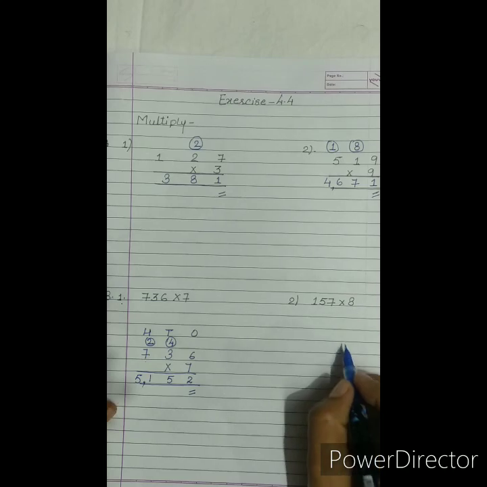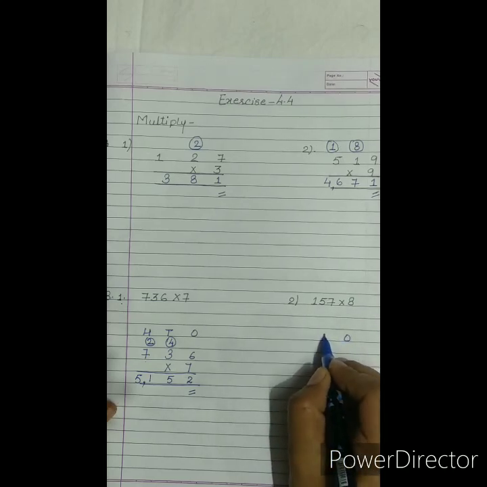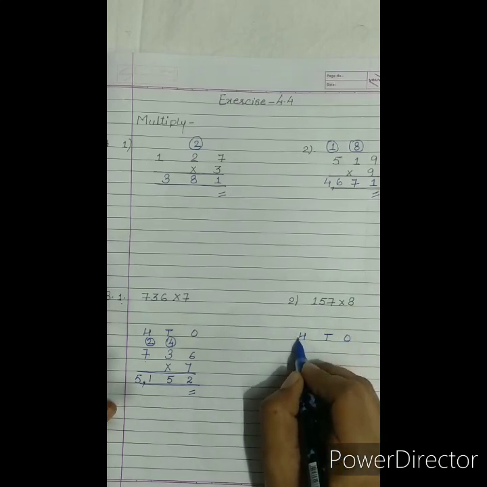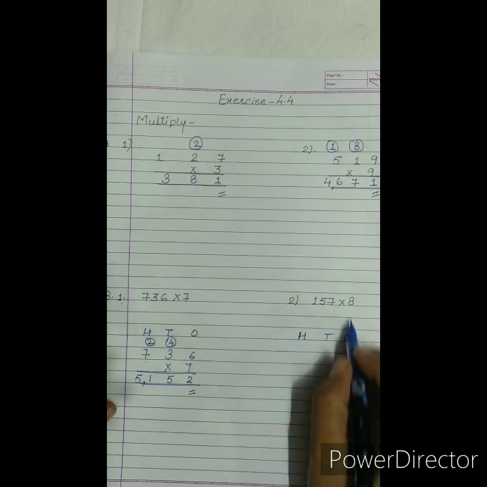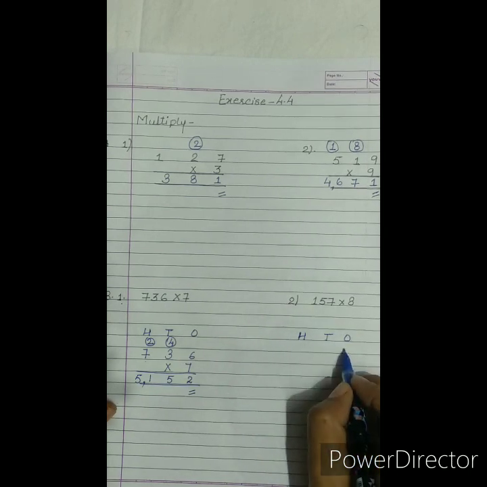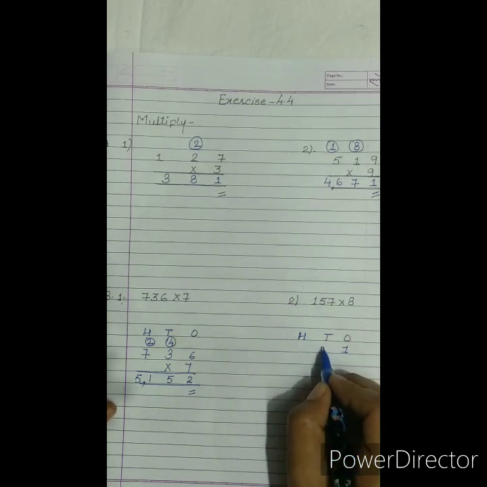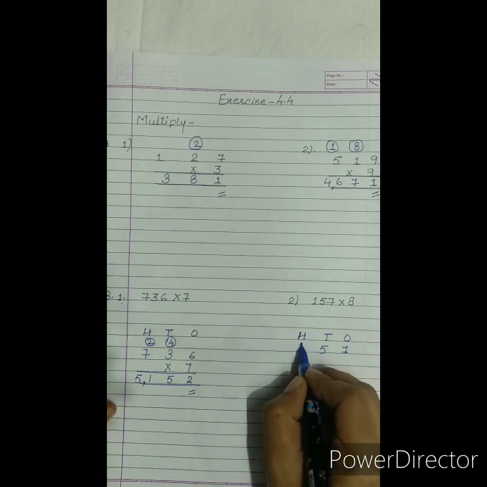Now the second question of B part is 157 multiplied by 8. So let's start ones, tens, hundreds. So start filling the number first. Ones place digit is 7, 5, 1.